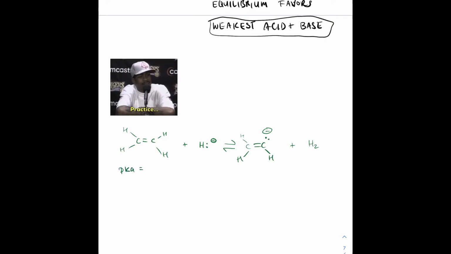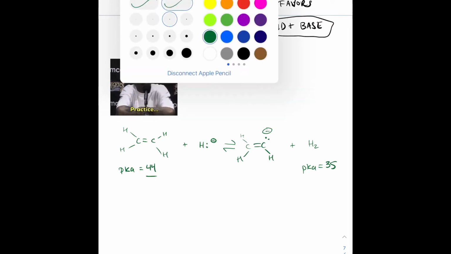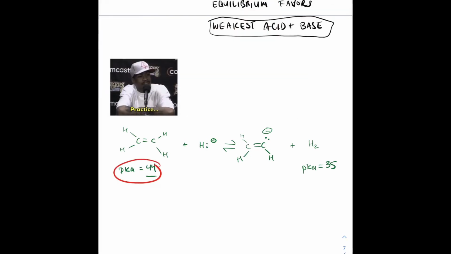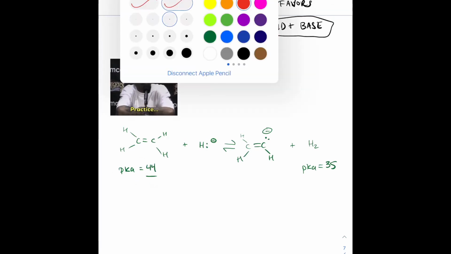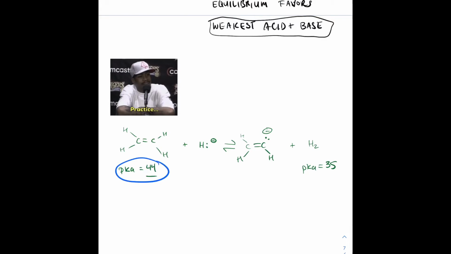Now that we've got this set up, we want to give you the pKa's. You should be able to look these pKa's up in a chart in the back of your books. There is an appendix. The pKa of ethylene is 44, while the pKa of hydrogen is 35. Remember, the lower the pKa, the stronger the acid.